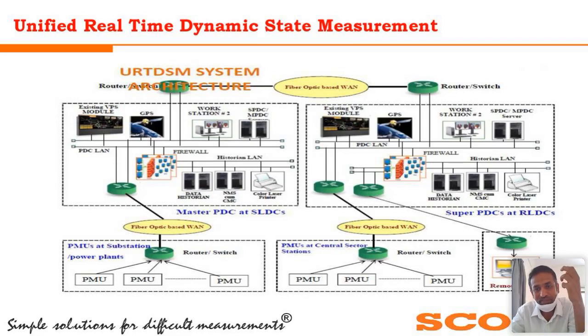Somebody is using VSATs. But when it comes to PMU and PDC advanced technology, you require a very high-speed communication link between the substation and the PDC center. That is very important here. So most of the electricity boards are opting for optical fiber, which will be connected to each and every substation. The optical fiber bandwidth is very important for sending PMU data to the PDC center.